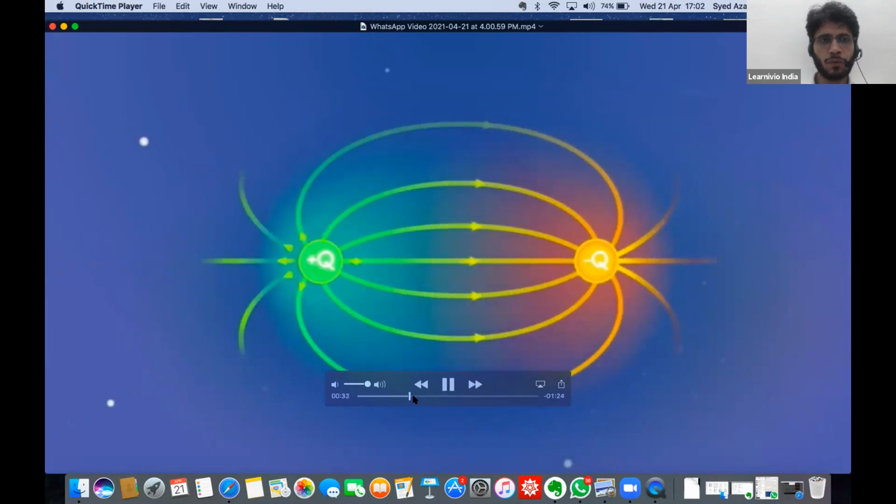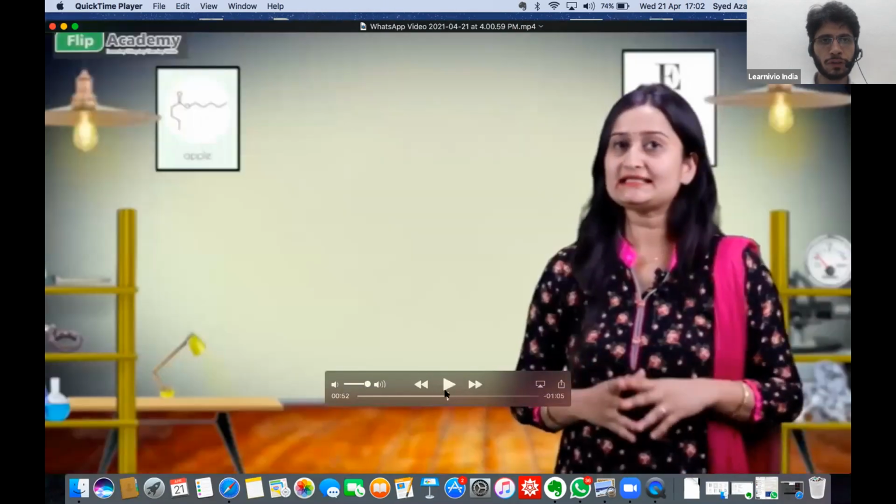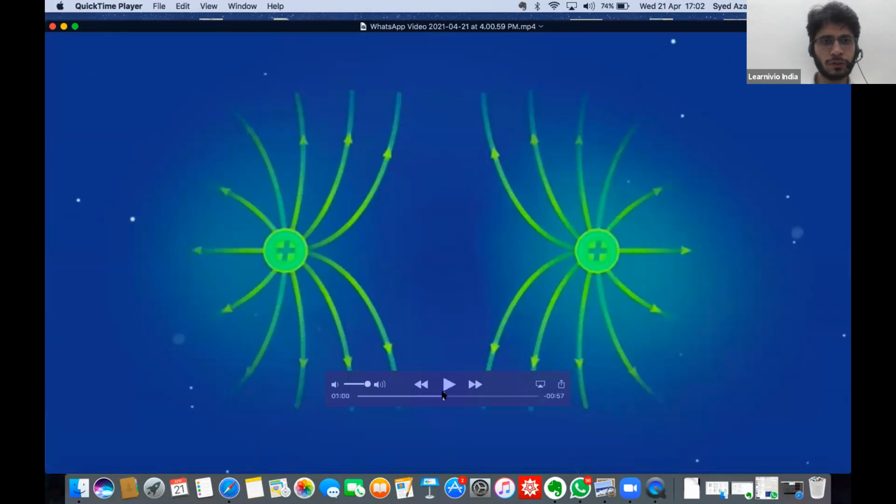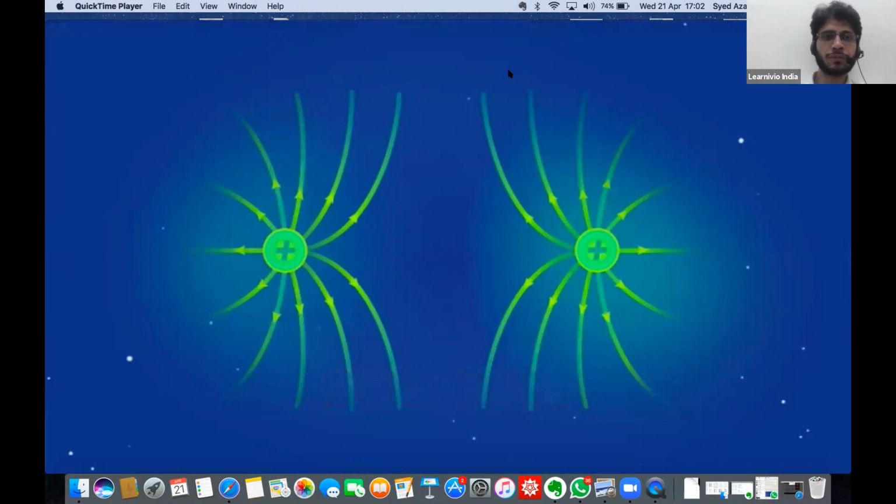Next, after the dipole, let's take a system of two positive charges. If you have two equal positive charges, then these two equal positive charges will try to repel each other. So I'm taking the third system, two equal positive charges.